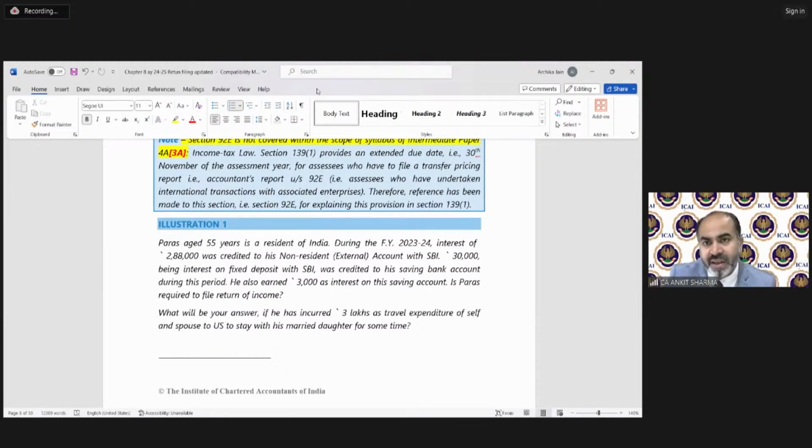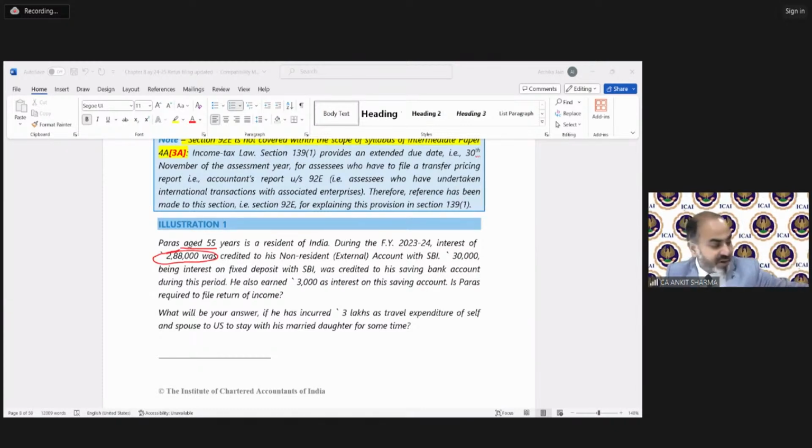Technically, because he's an individual, point A or 1 is regarding the company and partnership firm. So it is under point number 2. And point number 2 and 4 are technically merged. So we have to see how much is gross total income or total income.